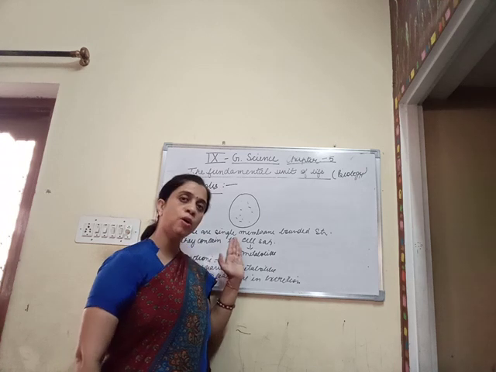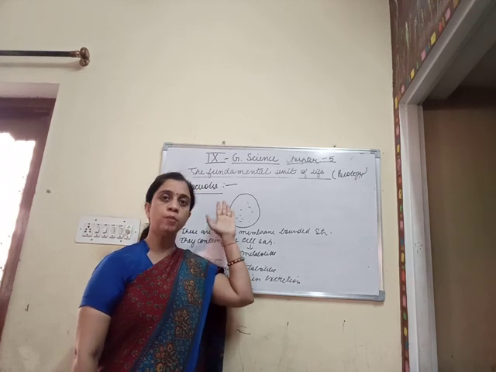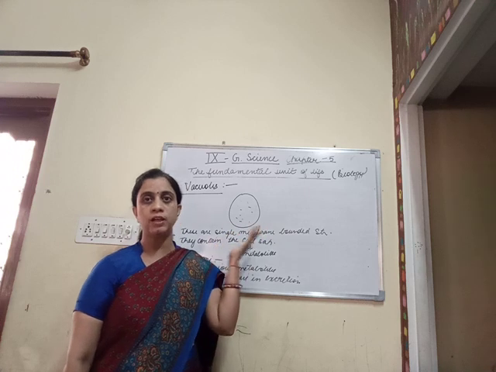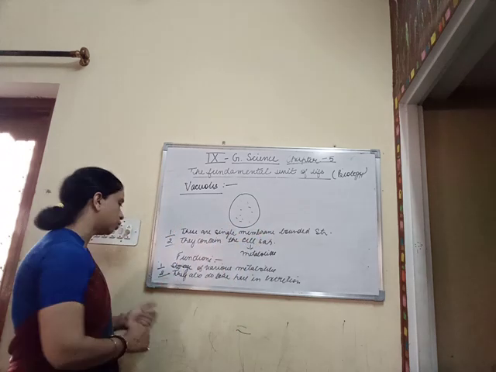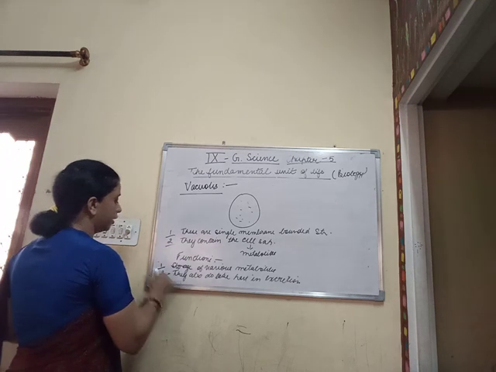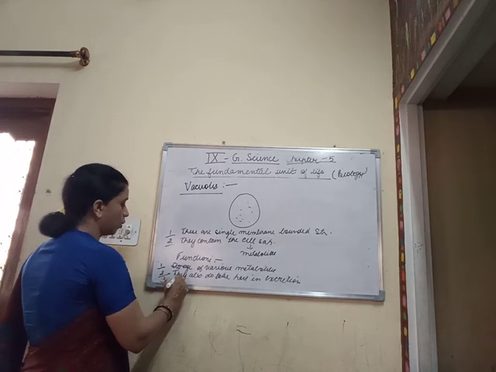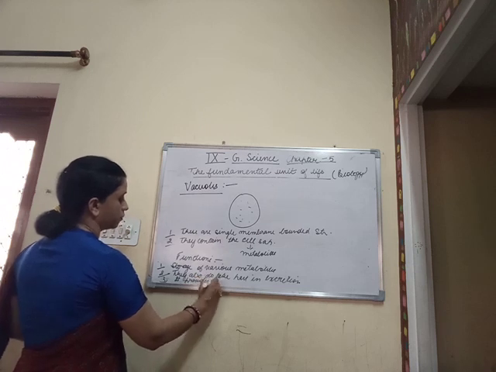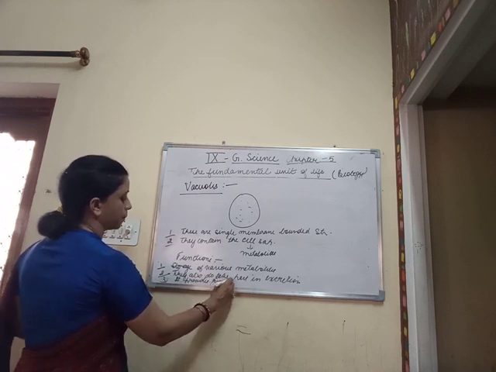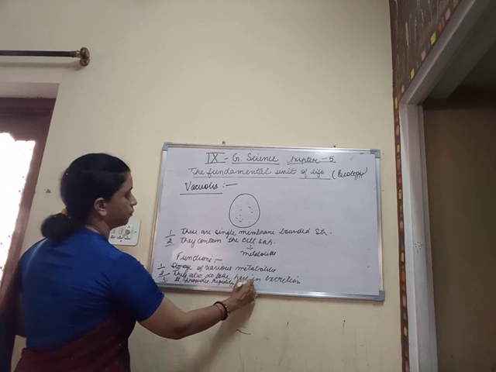So this is all about the chapter, and we have read about the various structures of the cell and the various functions of the cell. Of course, one of the functions regarding the vacuoles is that it provides rigidity to the cell.